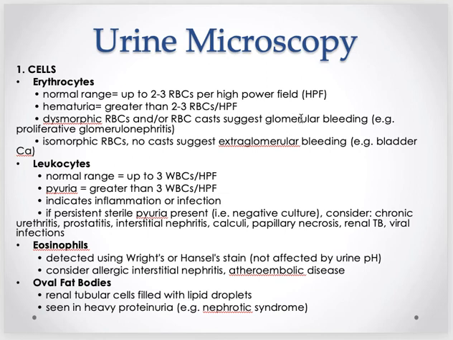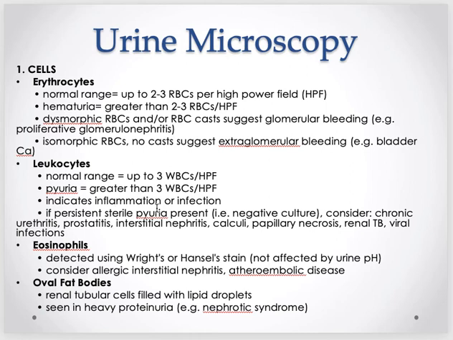Very important thing. And if the RBCs are intact, not broken, then it means it is extraglomerular bleeding, like bladder carcinoma or any carcinoma in the tract. Leukocytes are up to 3 WBCs per high power field. Pyuria is when it is more than 3.